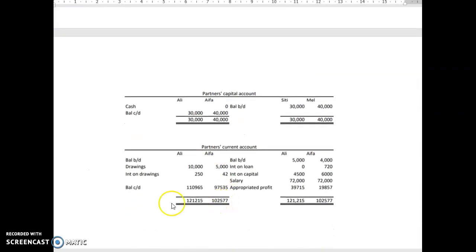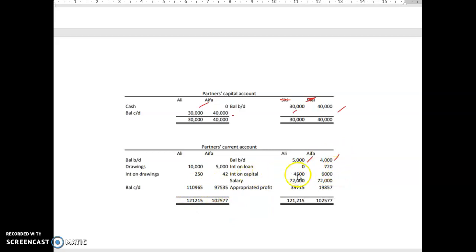Okay, and then for partners' capital account, we start with Ali and Aifa. They do not have any changes, so balance b/d and balance c/d will be the same. Then for partners' current account, both balance b/d are on the credit side.